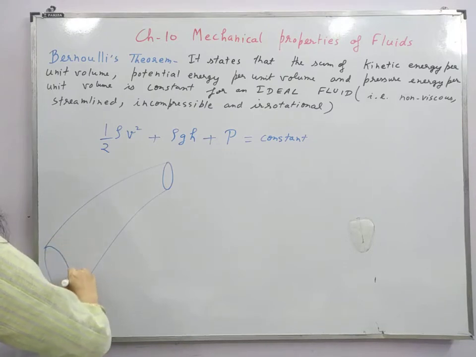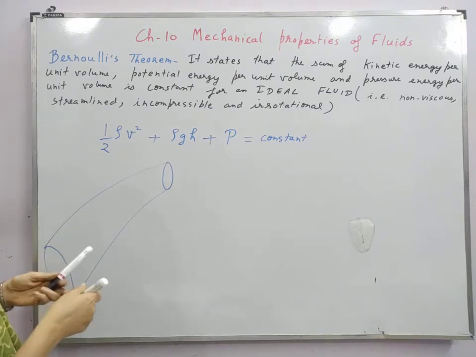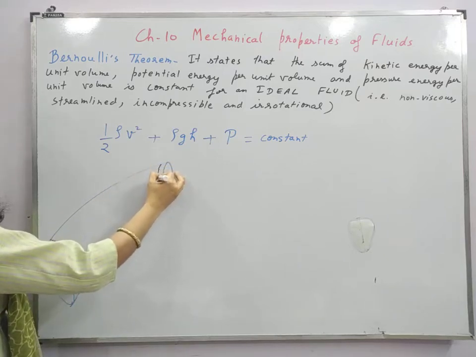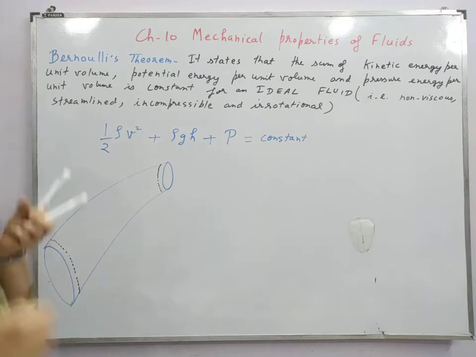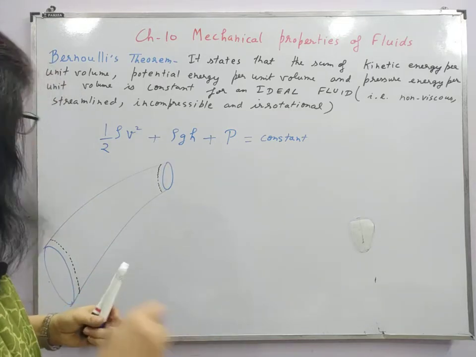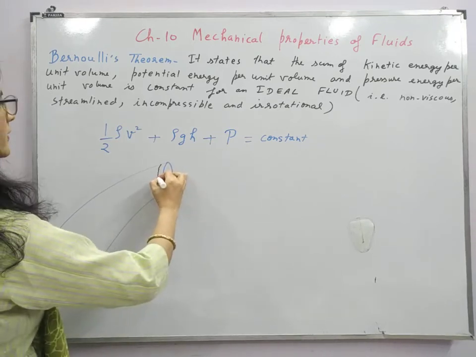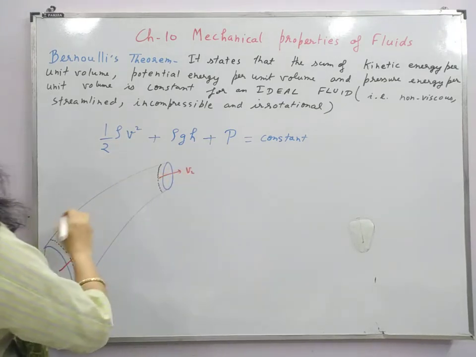Let's draw the diagram for understanding this and deriving this. We have a pipe of non-uniform cross-sectional area. Suppose this distance is very small. We consider the velocity at this cross section as v1, at this cross section as v2.